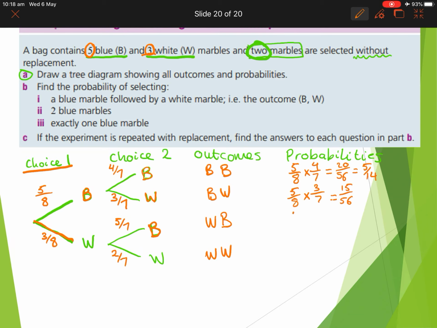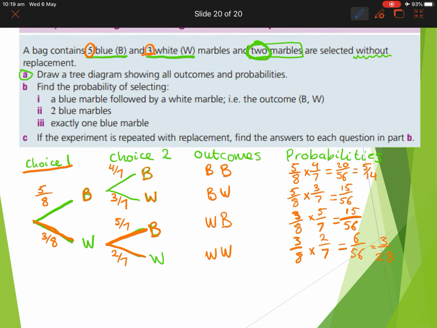So white, we've got 3/8 times getting a blue, so it's 5/7, which is 15/56. And a white, so the white first again is 3/8, and then getting another white is 2/7. That's 6/56, which is equivalent to 3/28.